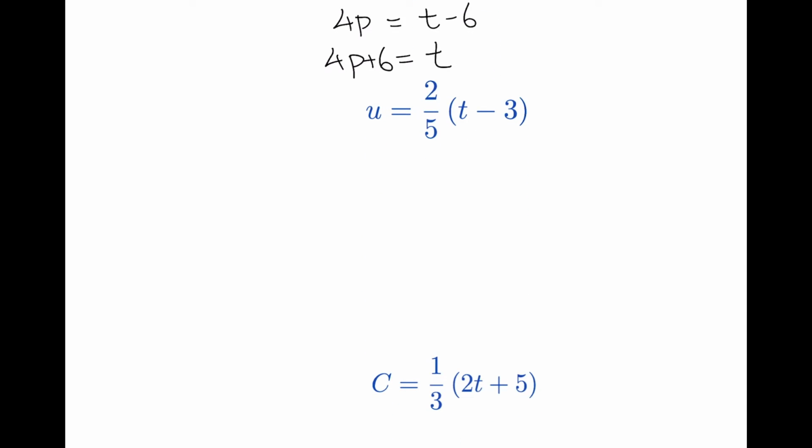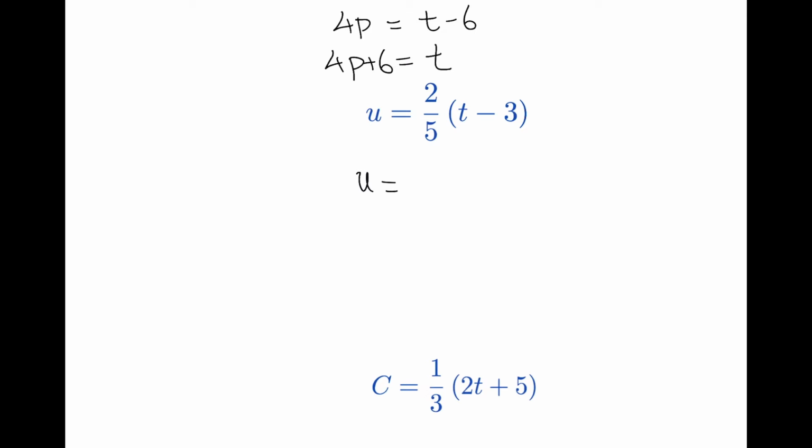Continue. Here as well, u equals 2t minus 3 over 5. Deal with 5 first, and then 2, and then positive 3. So it becomes 5u, and then here it becomes 2t minus 3. We are not expanding it because there's no need for it.